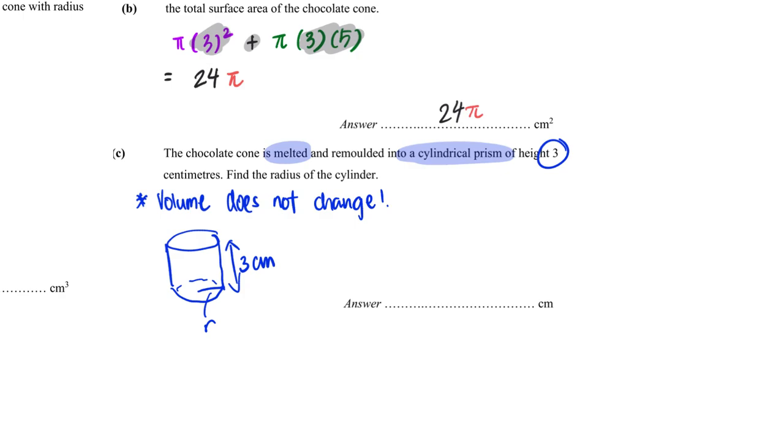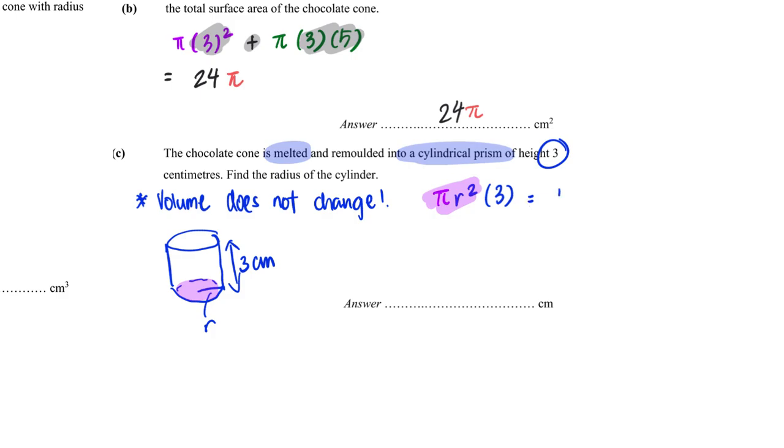So volume of this cylinder is base area times height. So base area is pi r square, times the height, 3.